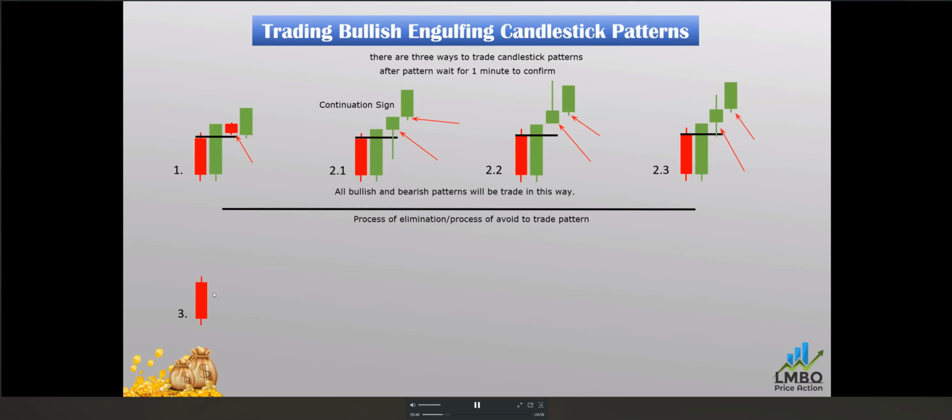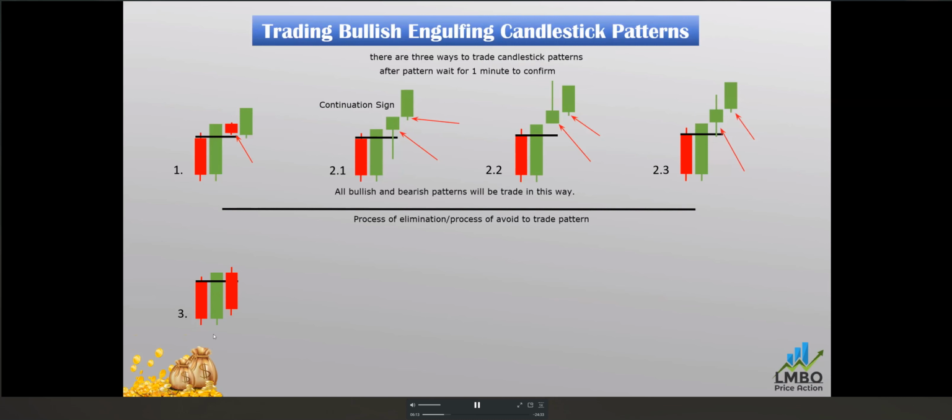For example, if you find an engulfing pattern and then immediately you find a big red candle. A small red candle, you will trade. Hammer, you will trade. Inverted hammer, you will trade. Spinning candle, you will trade. But an engulfing pattern followed by a dark cloud cover pattern, a bearish pattern, we will never trade.